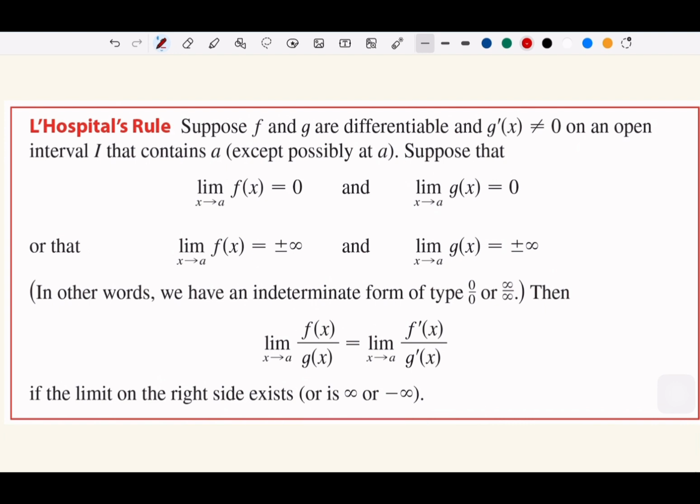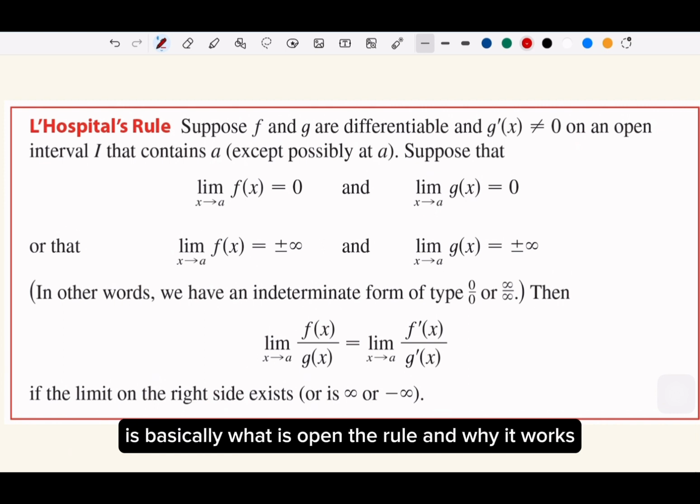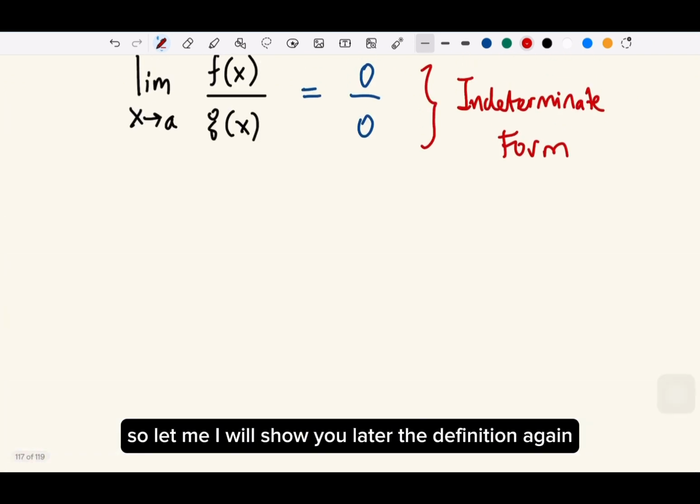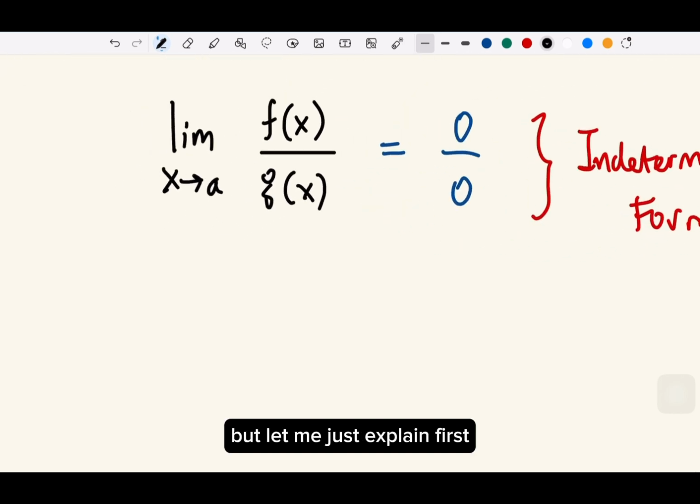But what I want to explain first is basically what the L'Hopital rule is and why it works. I will show you the definition later, but let me just explain first.